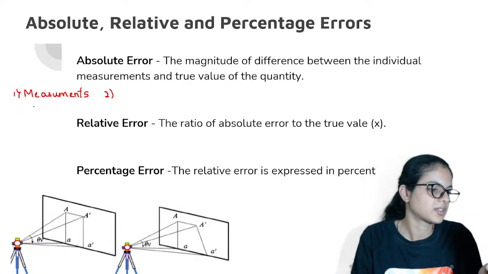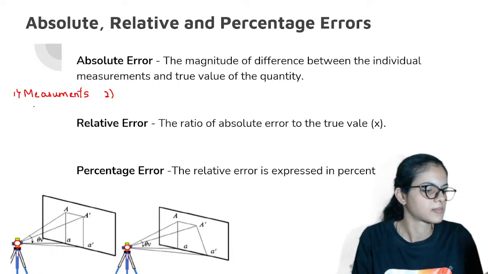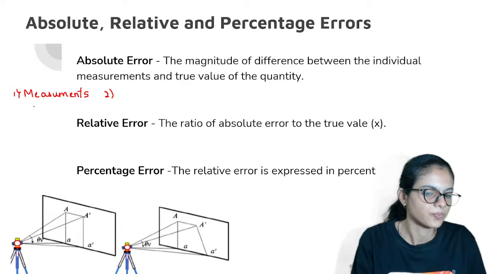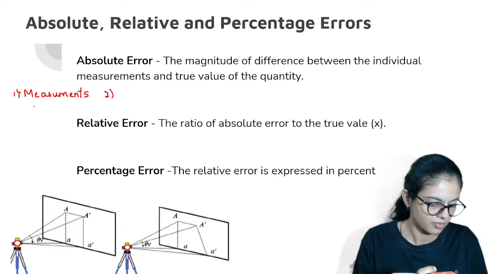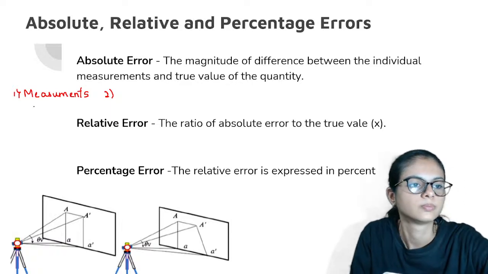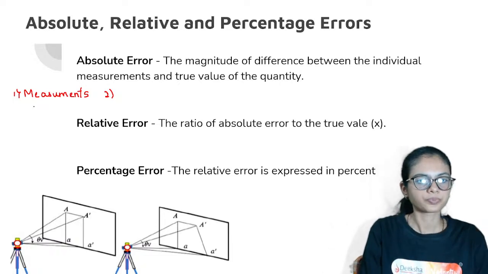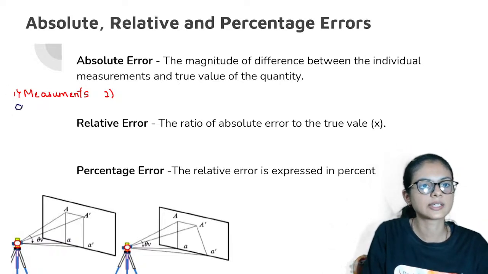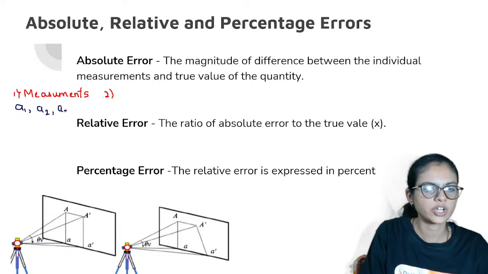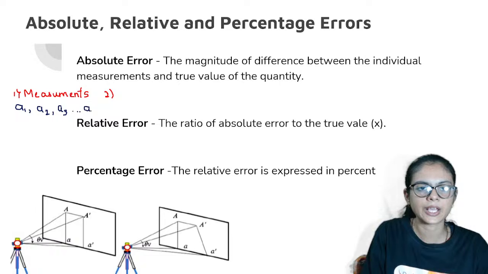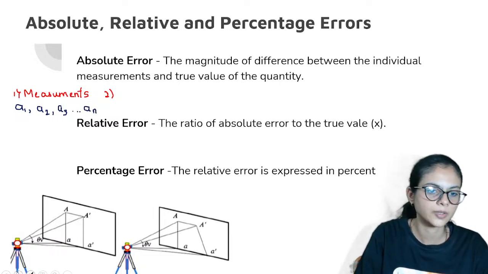Is there any disturbance, noise? Clear? So measurements I'm considering here a1, a2, a3, and let me take it till an. So these are the measurements I did.